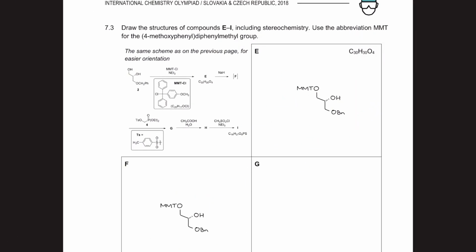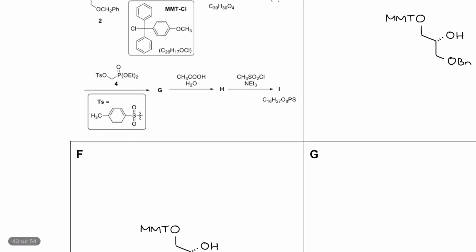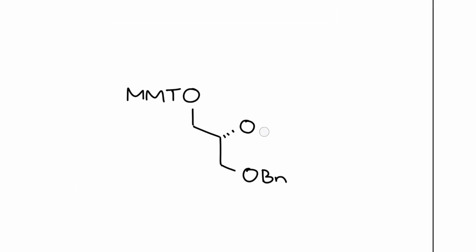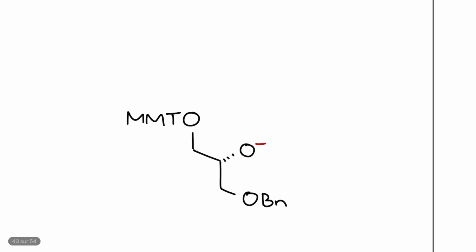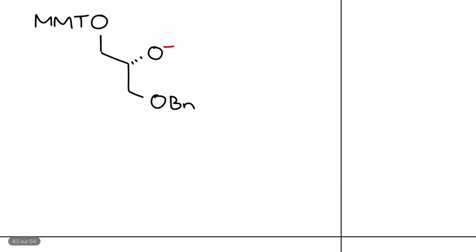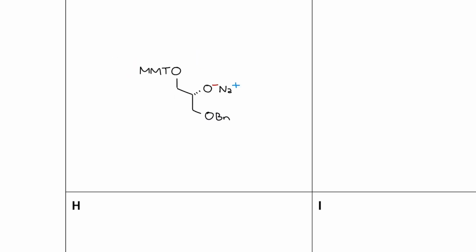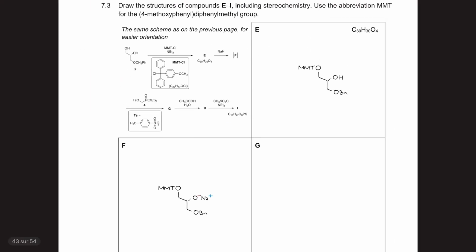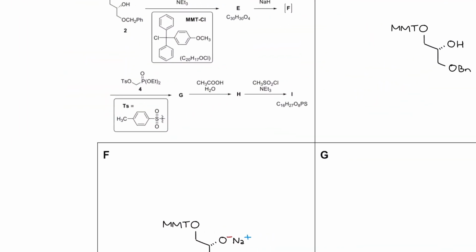Great, F. That's sodium hydride. That's going to be deprotonation of this. And they didn't put any charges on F, so we also need to write the counter ion, which is sodium. Great. That's deprotonation.